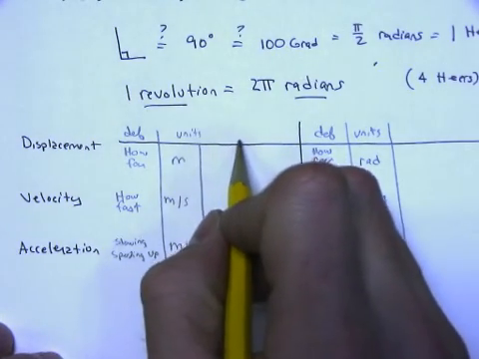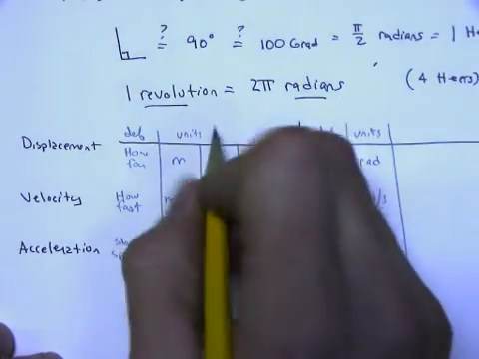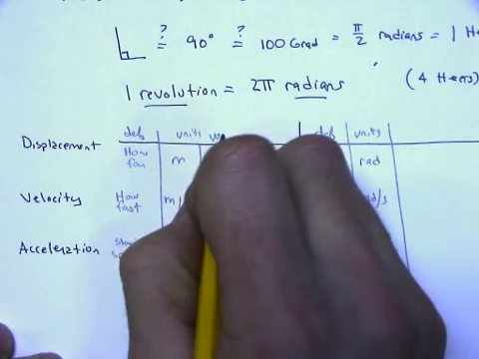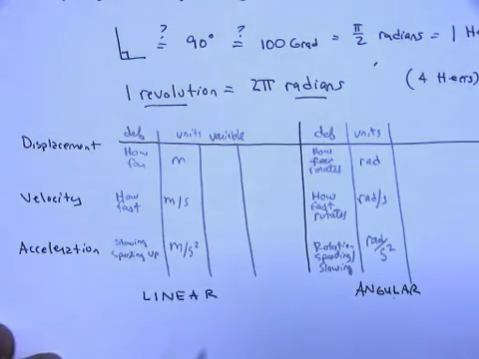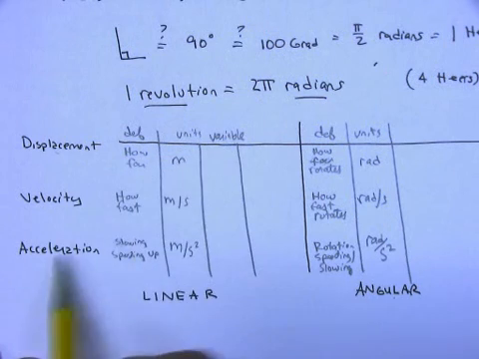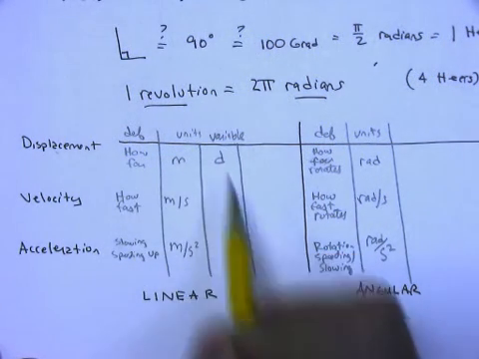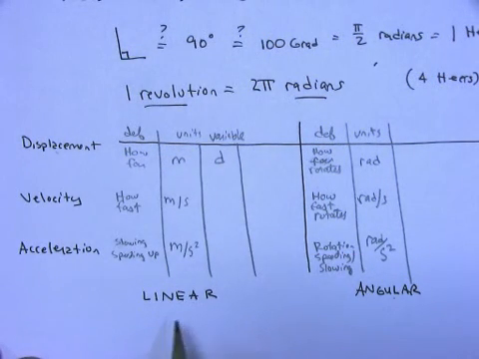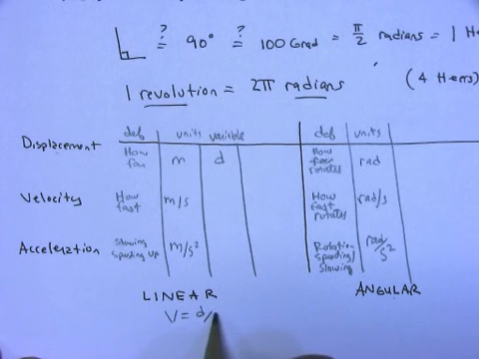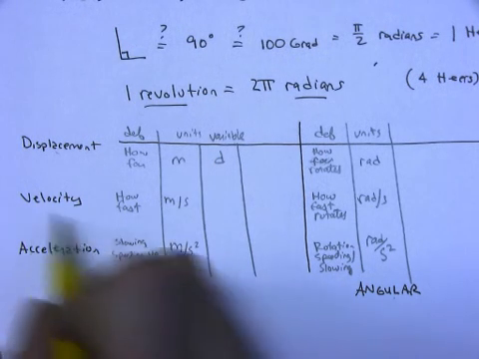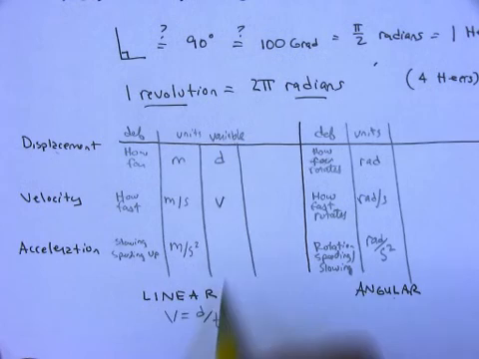Sometimes when we see this stuff in equations, so the variable. What variable do you see when you see displacement in an equation? We use the variable d, like velocity equals distance over time. Velocity obviously v. In acceleration, we use the letter a.